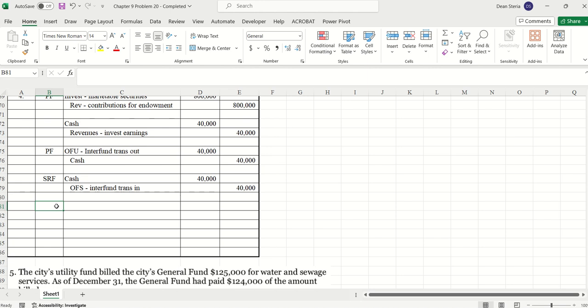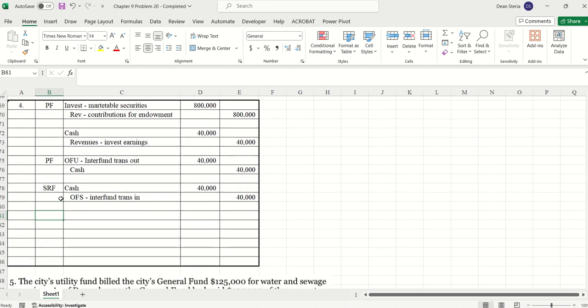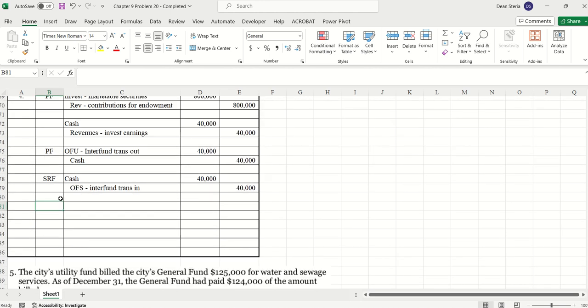Let me see here. So now we are talking about the general activities or the governmental activities fund.